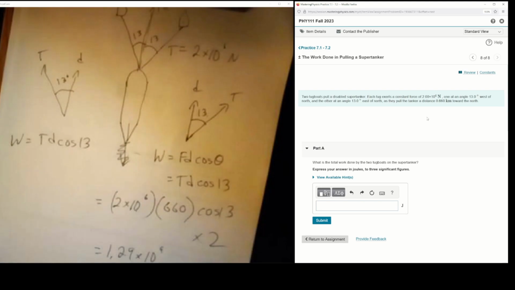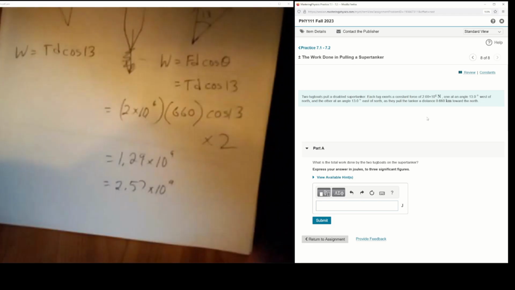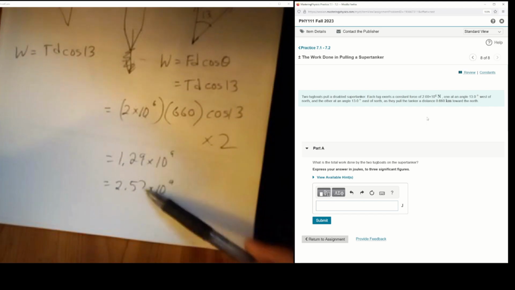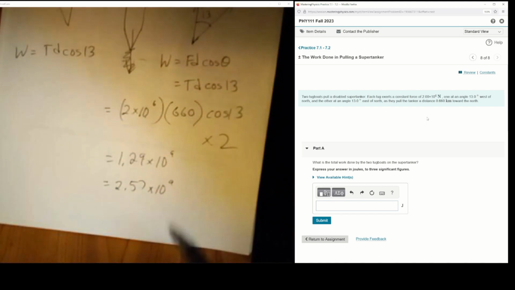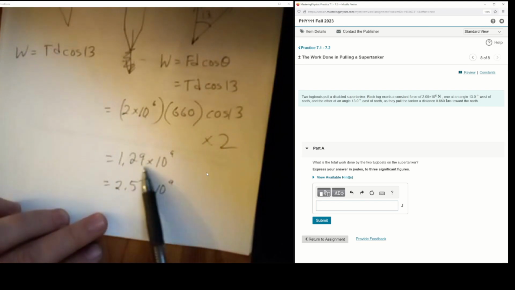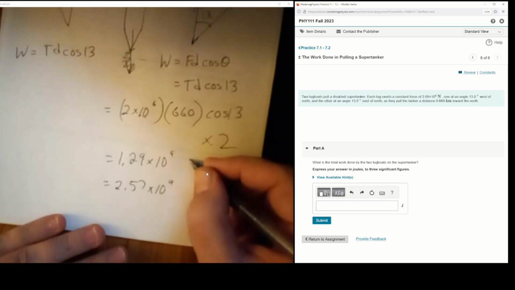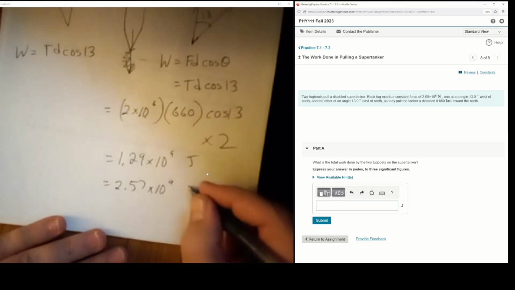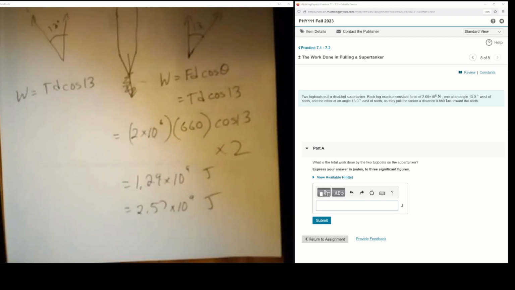To get 2.57 times 10 to the 9th. Now, remember, I am rounding here. So that 1.29 is rounded, and 2.57 is also rounded. And that's our answer. What's the total work done by the 2 tugboats? One tugboat does 1.29 times 10 to the 9th joules, and then 2 of them will do double that.